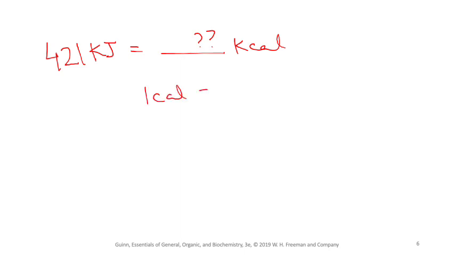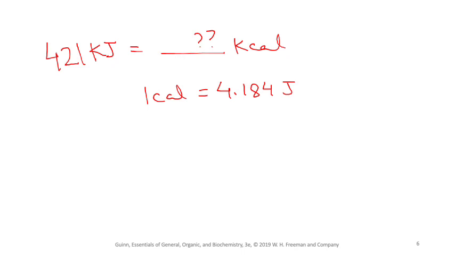Let's try to do one more problem where you convert one unit of energy into a second unit. For example, if we have 421 kilojoules of energy, how many kilocalories do you have in there? We already know that 1 calorie is equal to 4.184 joules, but the given unit is in kilojoules, and the unit that we require is in kilocalories.